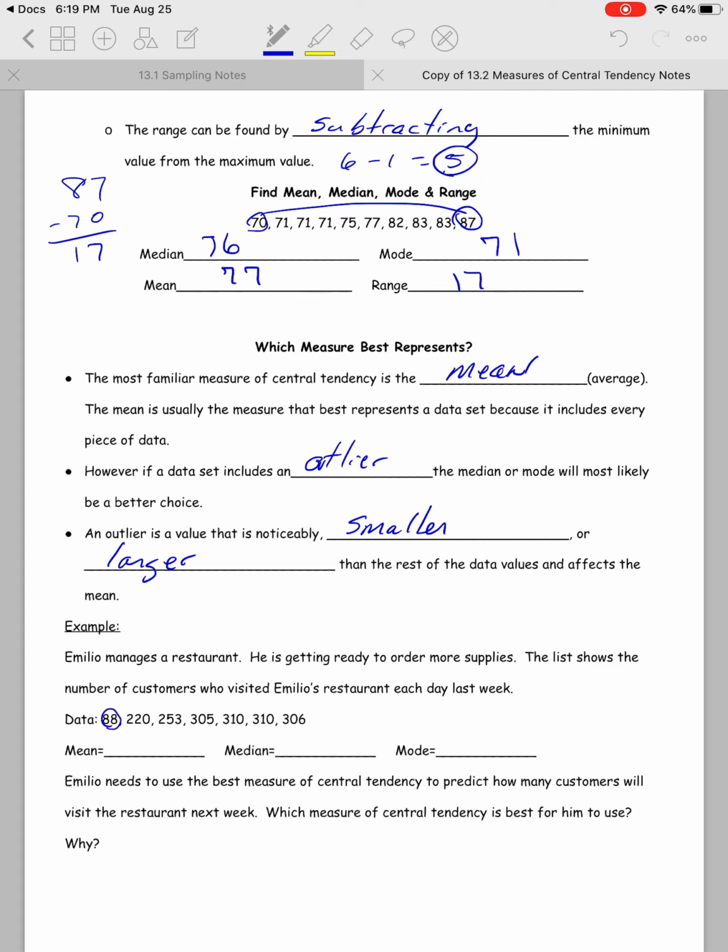What about 88? You've got 220, 253, 305, 310, 310, and 306. Now, all of these are big numbers. 88 is small. So that's an outlier. It's much smaller than the rest of the numbers, so it's going to throw off the mean, which we'll still calculate.